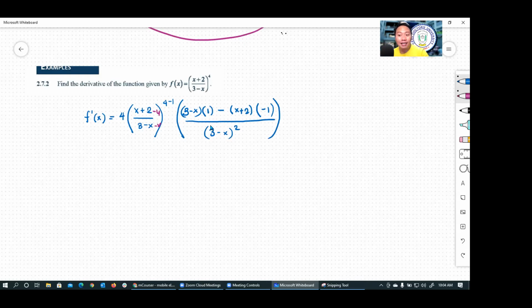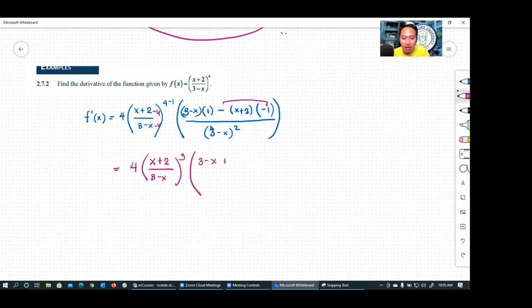Then you simplify this algebraically. The answer we would get is 4 times x plus 2 over 3 minus x raised to the power of 3, and then we have 3 minus x. You multiply this negative to negative 1, that becomes positive.